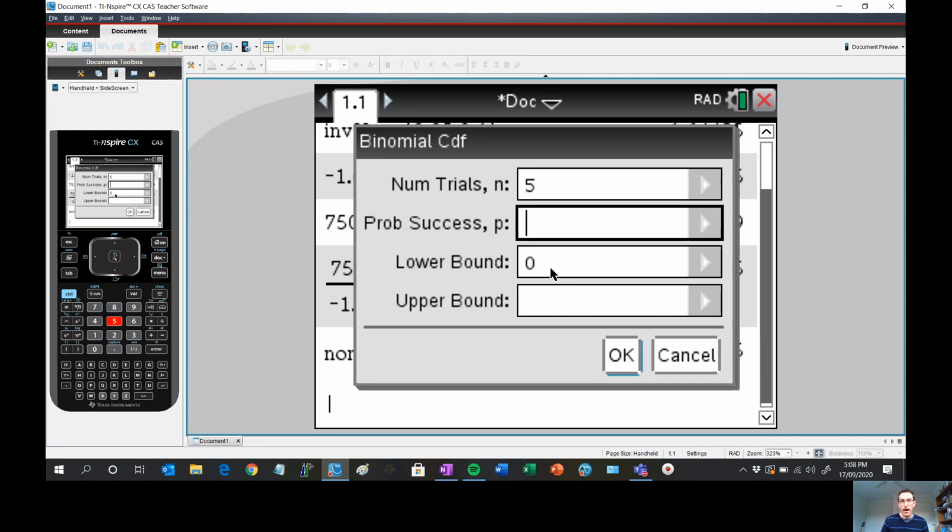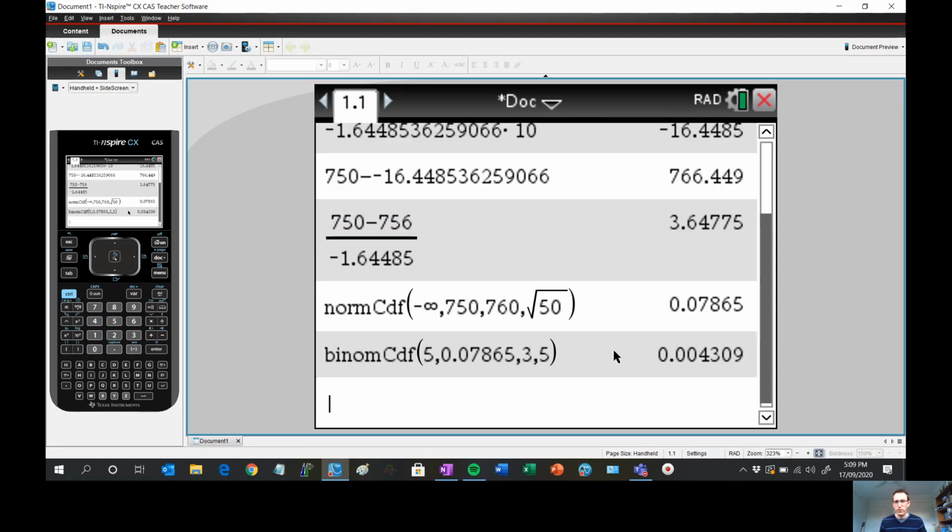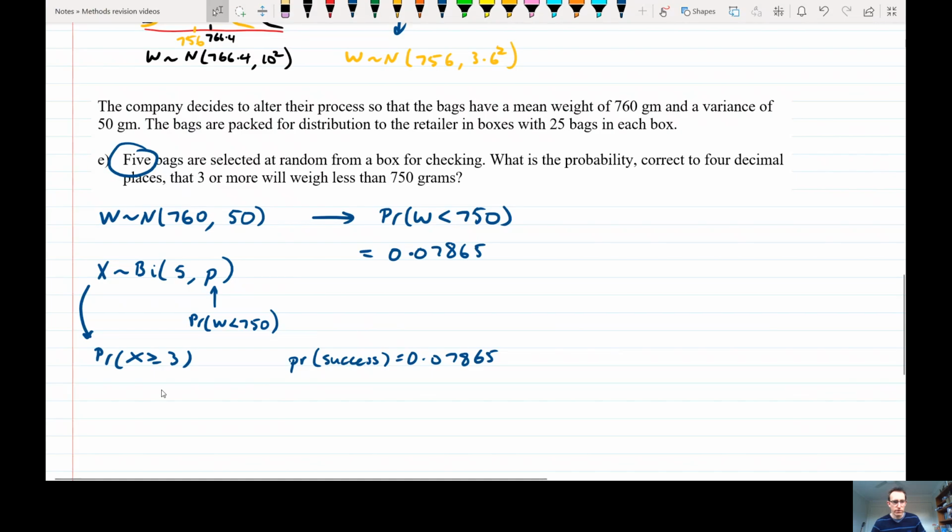The success probability was 0.07865 like that. Lower bound is 3, upper bound is 5, and you find 0.0043. So 0.0043 is the probability that I wanted.